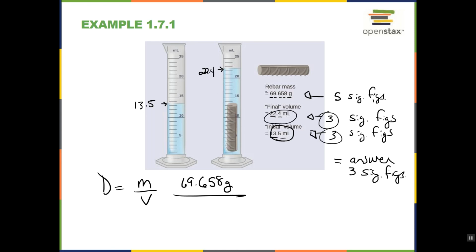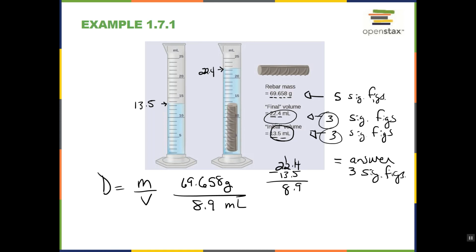Now, how much water did this rebar displace when you put it in? Well, 22.4 minus 13.5, the final value minus the initial, gives you 8.9 milliliters, right?